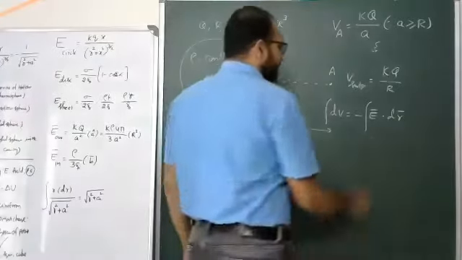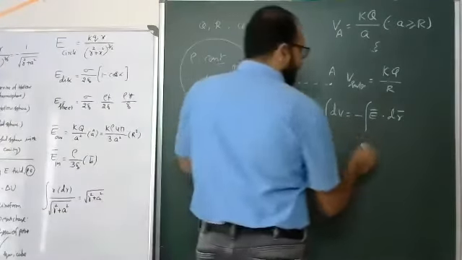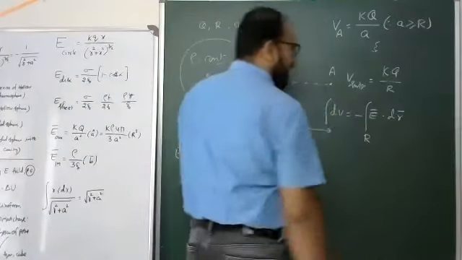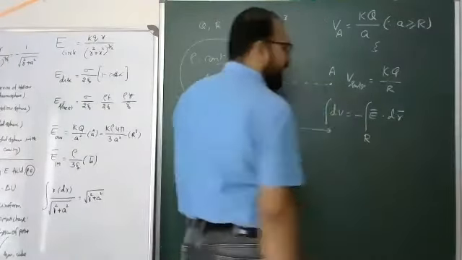Now the limits. Here I am taking first capital R, because on the surface, we already know, that is Vs. Now at point number B, that is Vb.